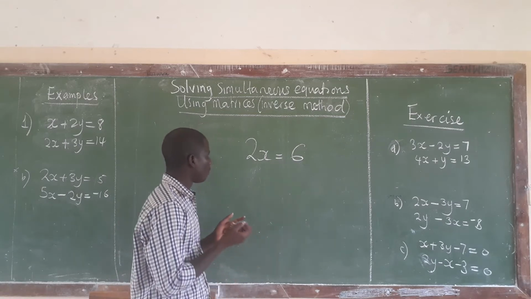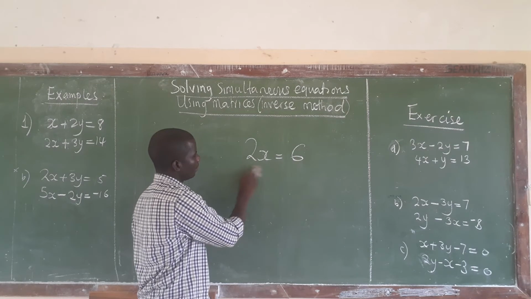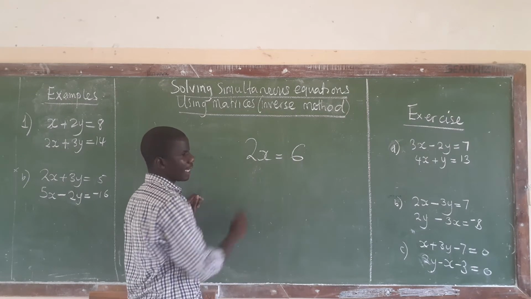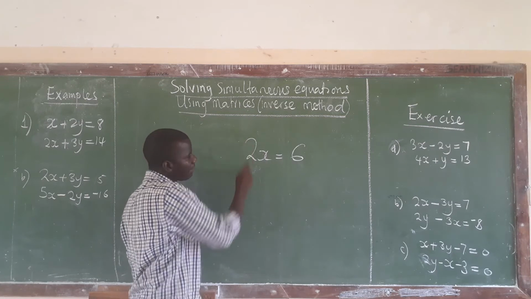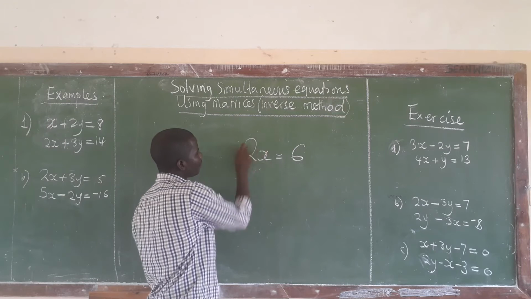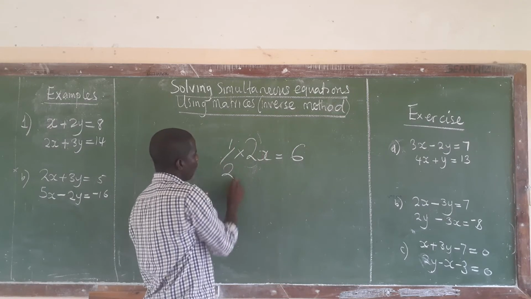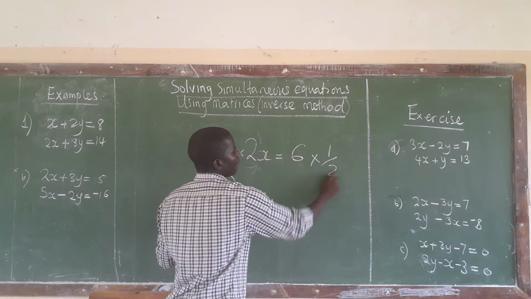What we do is multiply both sides by the multiplicative inverse of this number here, which is 1 over 2. And even here we multiply by 1 over 2.